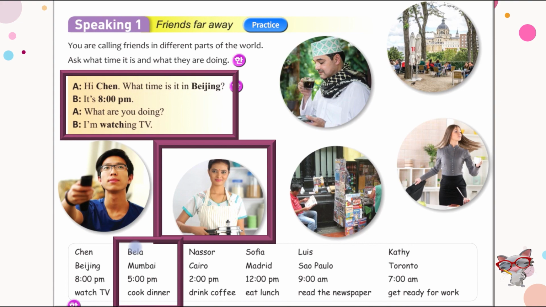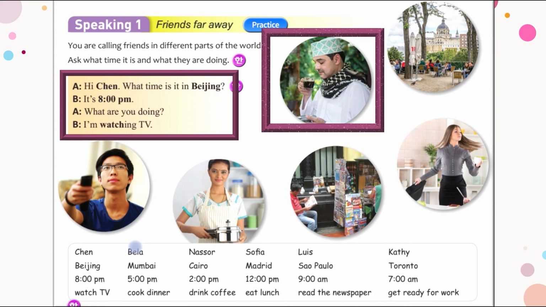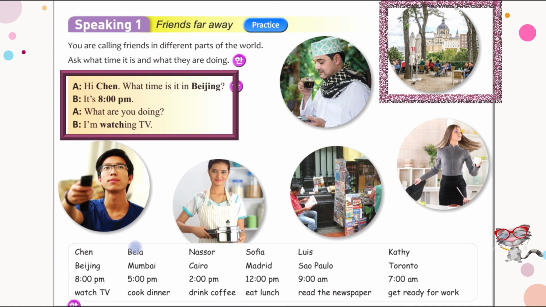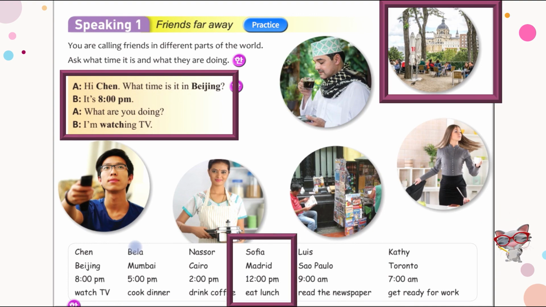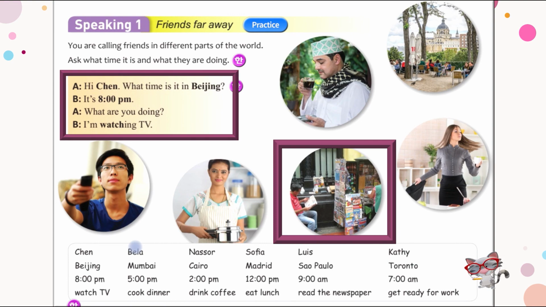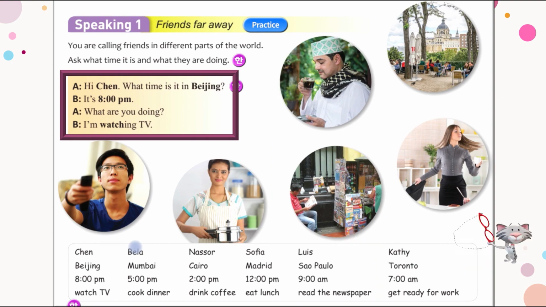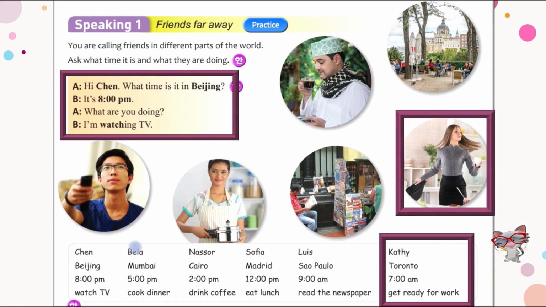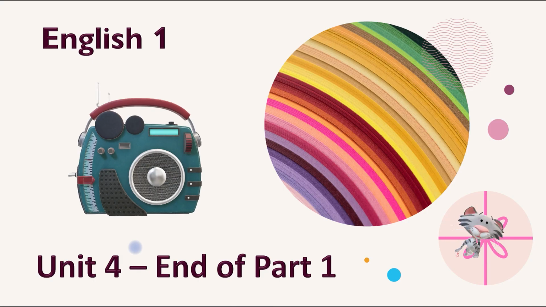So go through them, practice with Bella, practice with Nasser, practice with Sofia, practice with Louis, and practice with Kathy. So read through each one and practice.